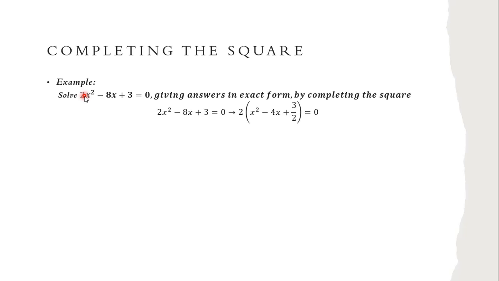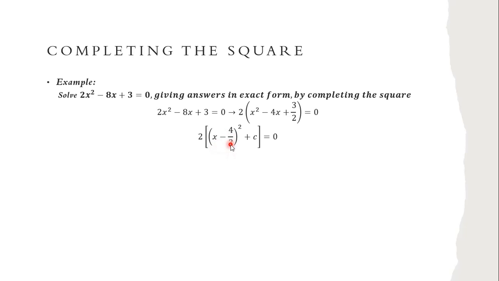Completing the square, you want it in the form a lots of (x + b) all squared plus c. To get this as x plus something squared, we're going to halve this number, because then you end up with this.